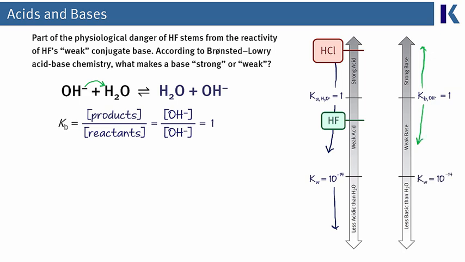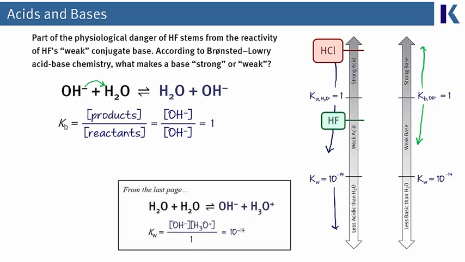But remember from the last page, water in the autoionization reaction is not just acting like an acid. The other molecule of water is itself acting like a base. And that means that if a molecule's Kb is less than 10 to the minus 14th, that molecule is less reactive than water.